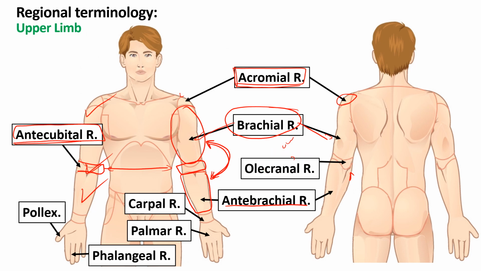Now, the region of the wrist is called the carpal region. We have the carpal bones located in the wrist, and if this word rings a bell to you, it is because there's a famous syndrome called carpal tunnel syndrome. Many people suffer, especially when they work doing repetitive motion of the wrist.